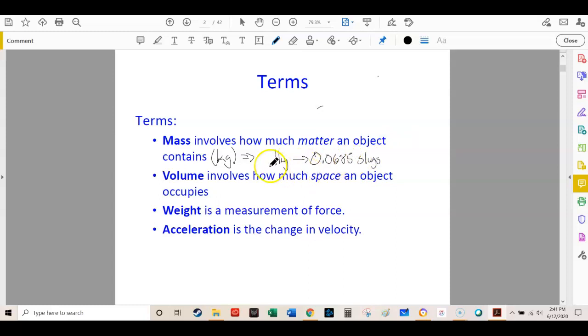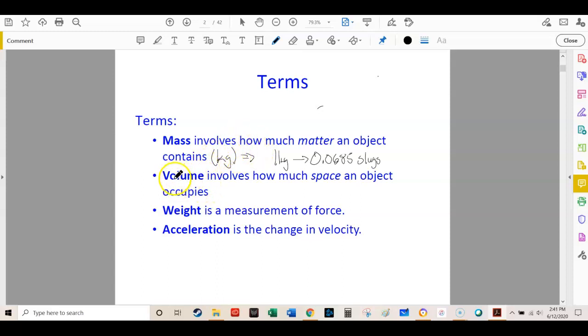Okay, so these are measurements of matter, like your fingernails, your hair, that kind of stuff, right? So if you want to lose mass, you'll have to get a haircut, or cut your nails, or something like that. There's a lot of ways to lose weight without actually losing mass, and we'll talk about that.